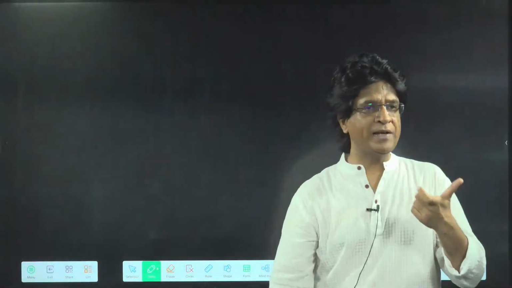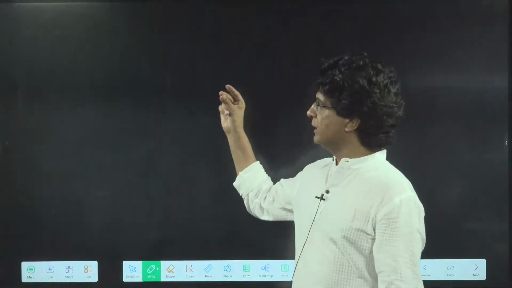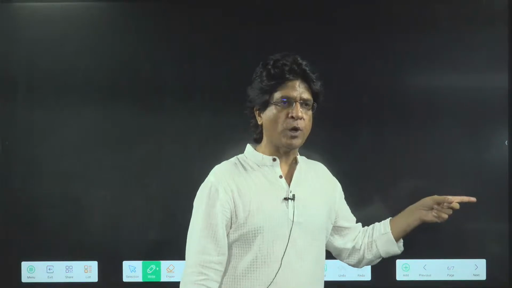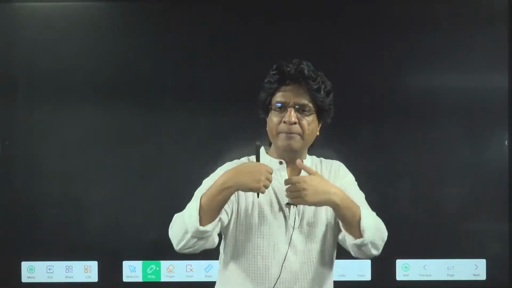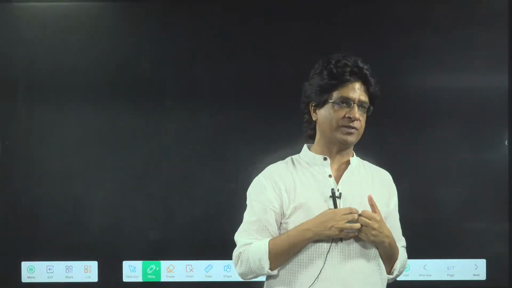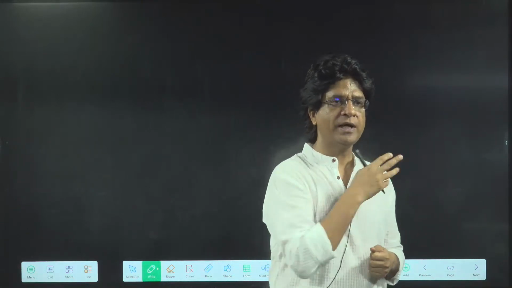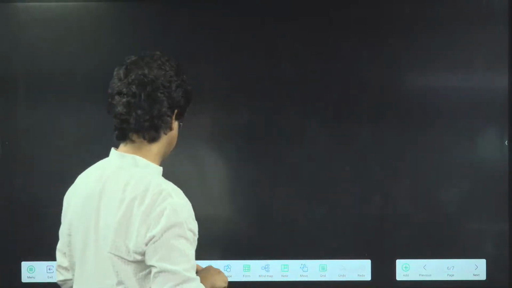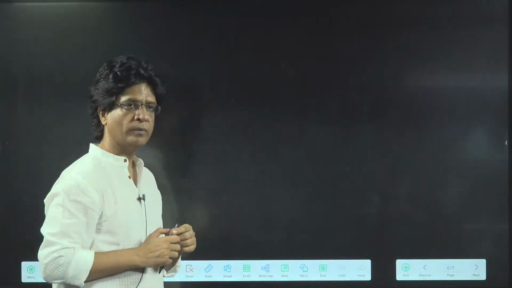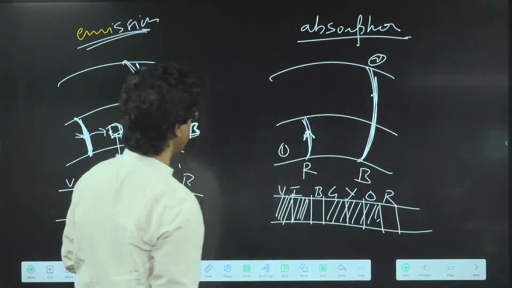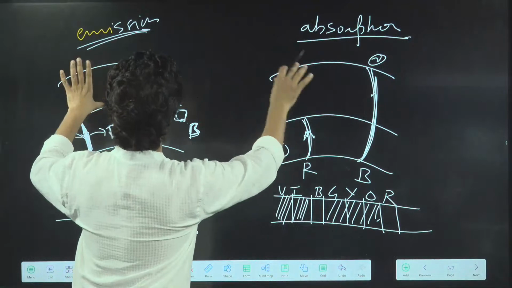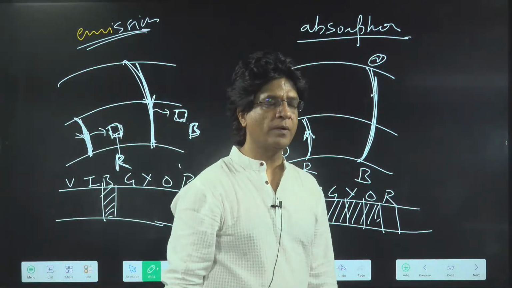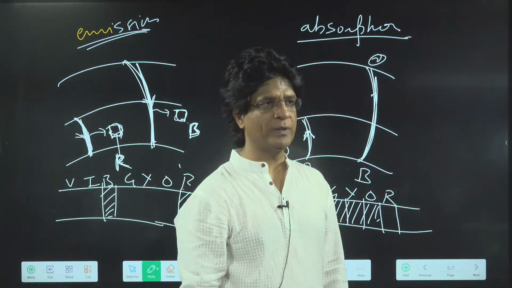So can I say that the colors you will see in the emission spectrum will be the colors absent in the absorption spectrum, because one emits colors and one absorbs the same colors. So those colors will not reach the screen. Both of these spectrums can be discontinuous spectrums as well.